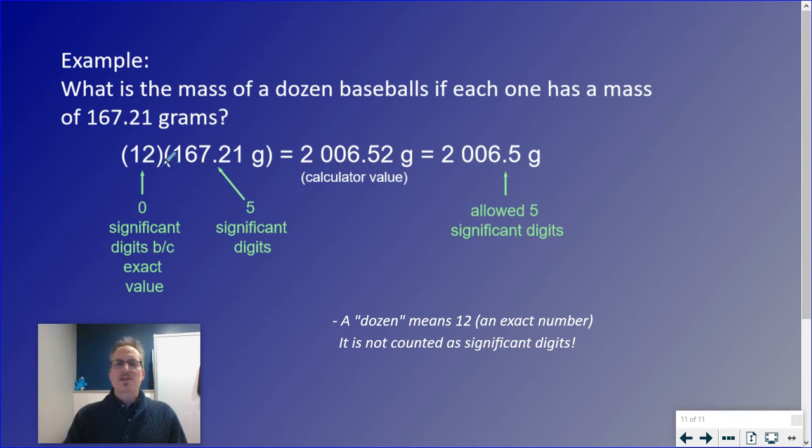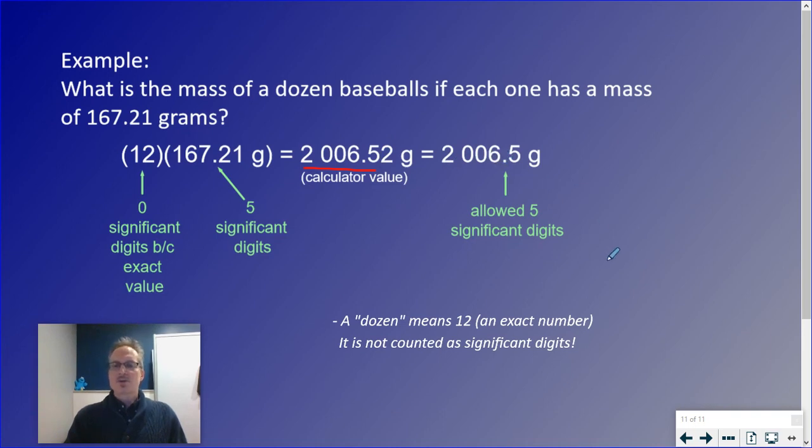Therefore, we're going to multiply the 2 numbers, get our calculator value, very large, 2006.52 grams. And we would look to the number in the question for significant digits. There's 5 here, so I would put my answer into 5. So I would be looking right here. 2 is not going to round or do anything, so it's going to be 2006.5.